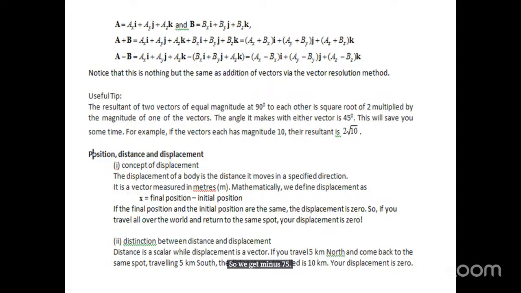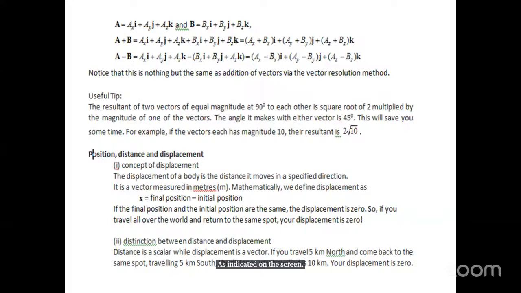In general, if I give you two vectors, a and b, where a is axi plus ayj plus azk, a plus b is the vector got by adding the x components together, the y components together, and the z components together. a minus b is the vector got as indicated on this.